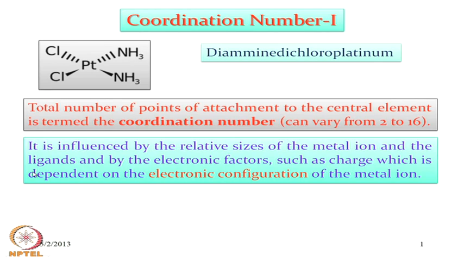So, the relative sizes are dictated by different electronic factors such as the charge, that means the charge on the metal ion and the charge on the ligands if the ligands are negatively charged, not neutral ligands. This is also dependent on the electronic configuration of the metal ion.